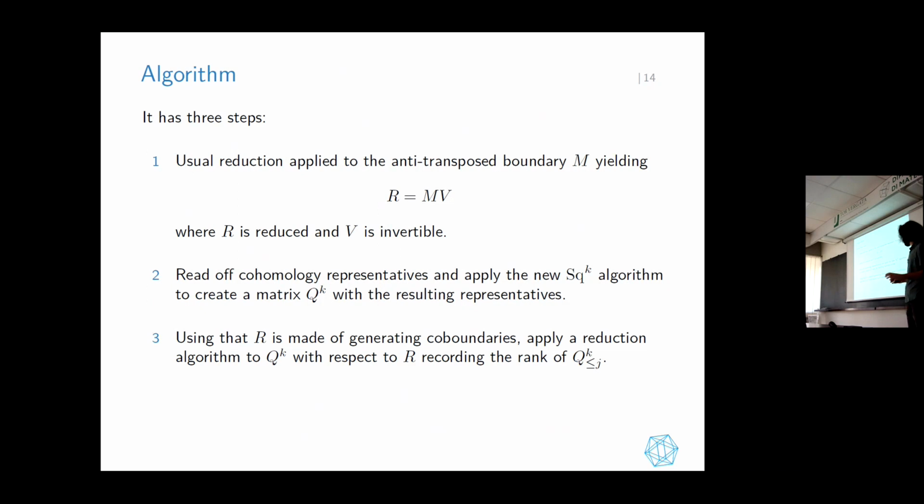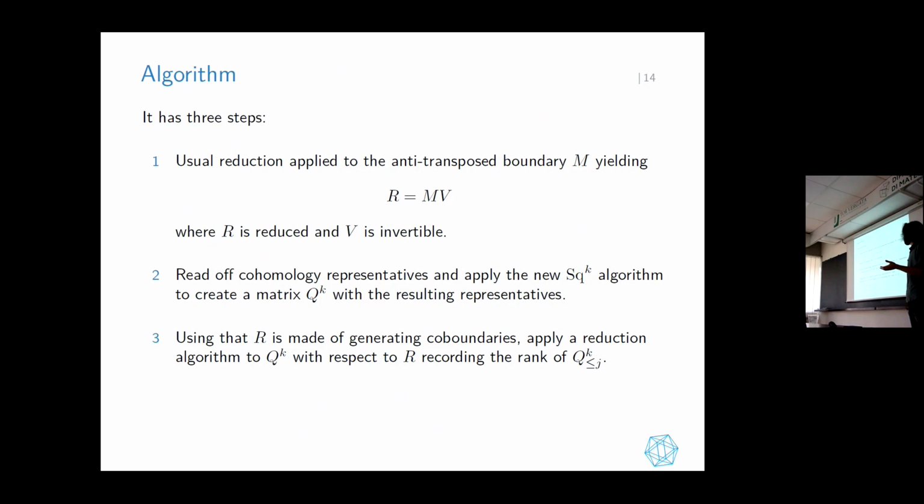And the third step is to use R, thought of as a basis of generating coboundaries, to reduce Q. And we're going to do this systematically. So we have an additional reduction step. This is pretty fast, as long as the support of the cocycles is not crazy long.